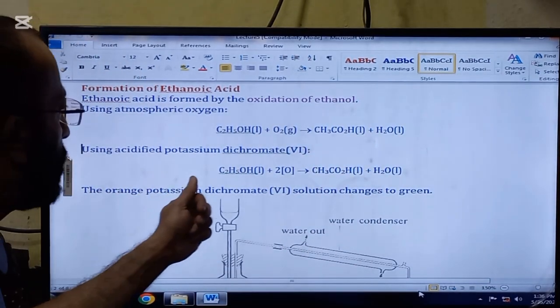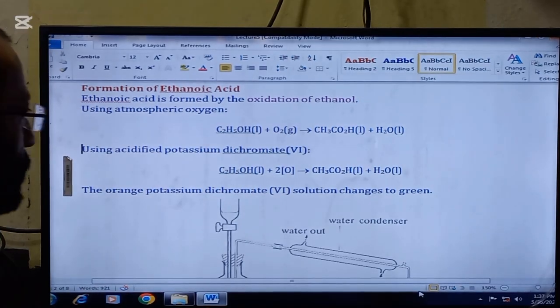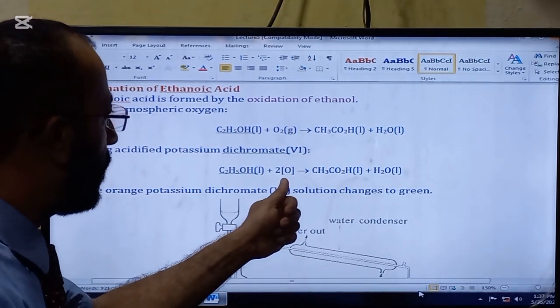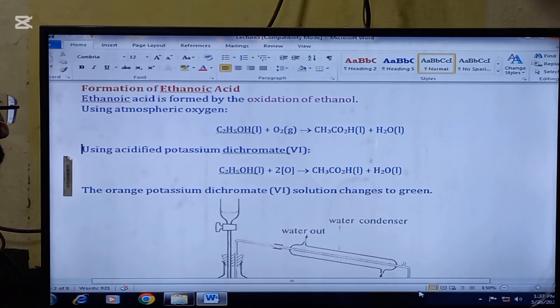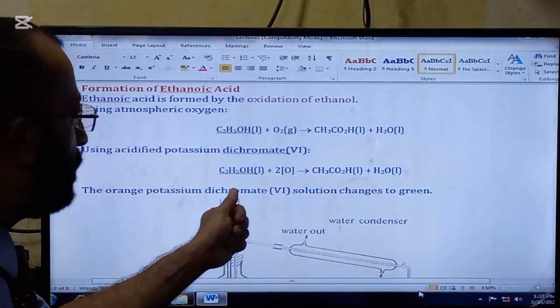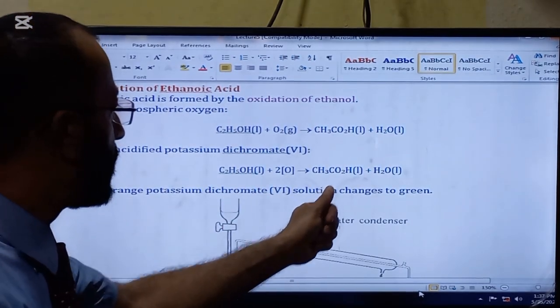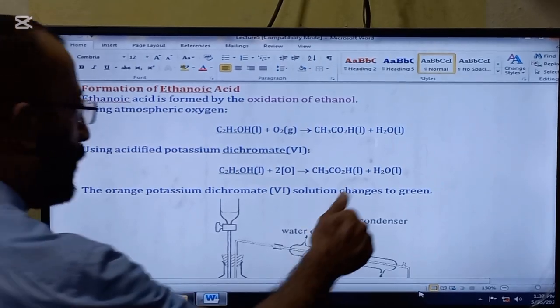Using acidified potassium dichromate, so this is atomic oxygen. So this ethanol will be converted into ethanoic acid and water will be produced.